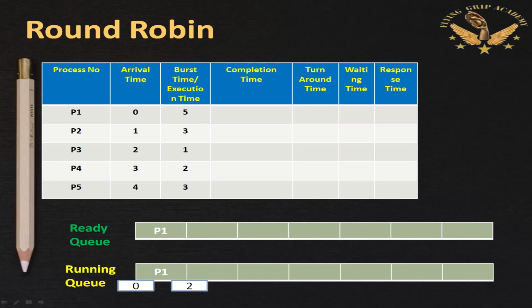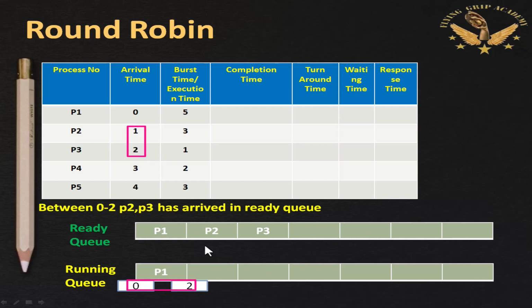So next, between 0 to 2, which process has arrived? So now P2 and P3 have arrived, because P4 arrives at time 3, so no other process has arrived. So put P2 and P3 into the ready queue.